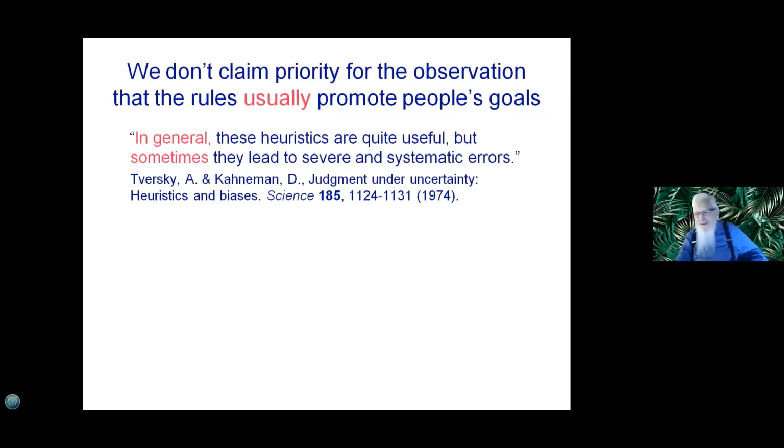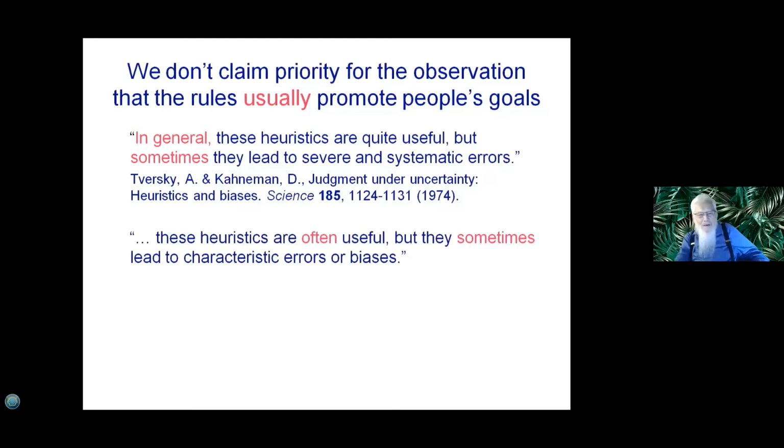And they said this themselves in their seminal paper in Science, which is almost 50 years old now, okay? We're going on 50 years. Judgment under uncertainty, heuristics and biases, okay? And then somebody else said it 20 years later. These heuristics are often useful, but they sometimes lead to characteristic errors or biases.